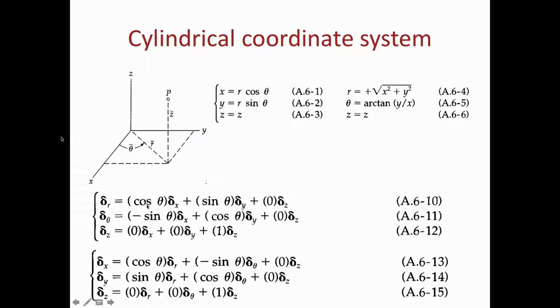There is a matrix with elements cosine theta, sine theta, 0, minus sine theta, cosine theta, 0, 0, 0, 1, that multiplies this vector in x, y, z coordinates to give you the vector in r, theta, z. So there is basically a matrix that goes between vector representation in one coordinate system and vector representation in the other coordinate system.